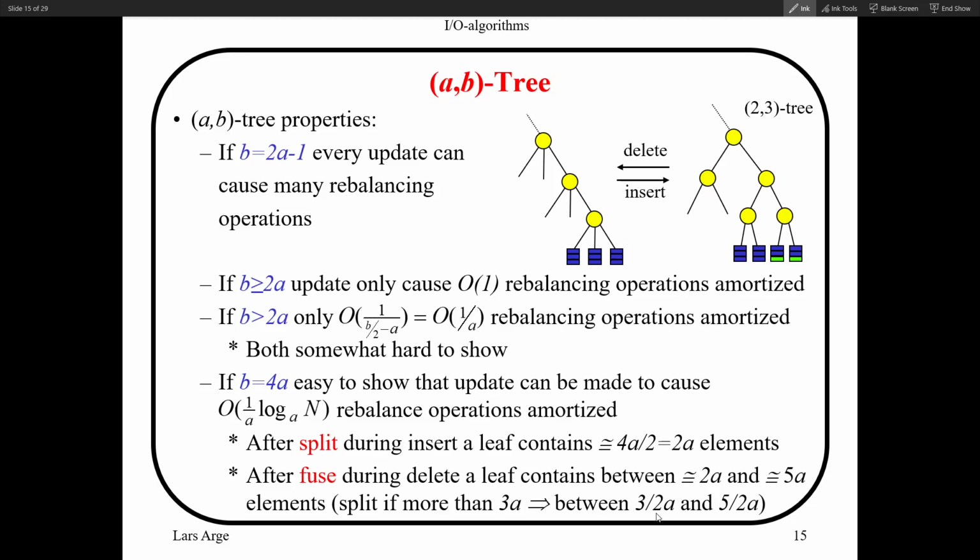And then you could see that the amortized cost of rebalancing for an insertion would be 1 over A times log base A of n, because every split or fuse will require theta of A insertions or deletions in general. Okay.